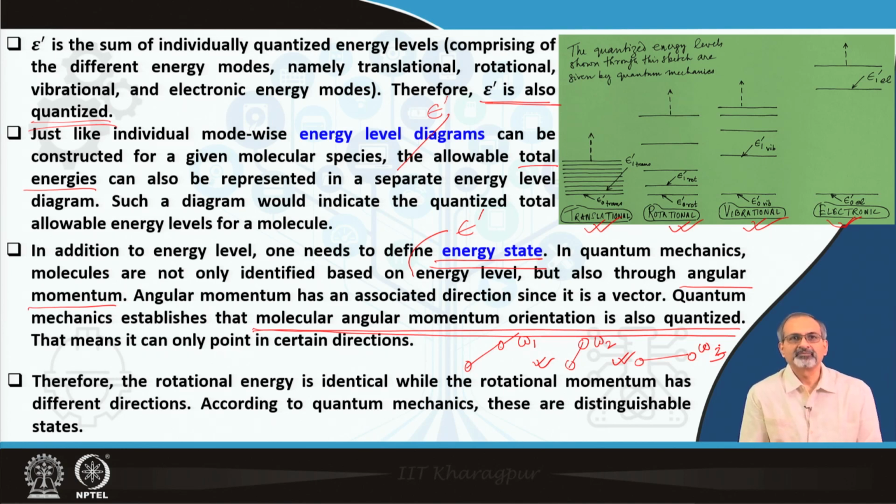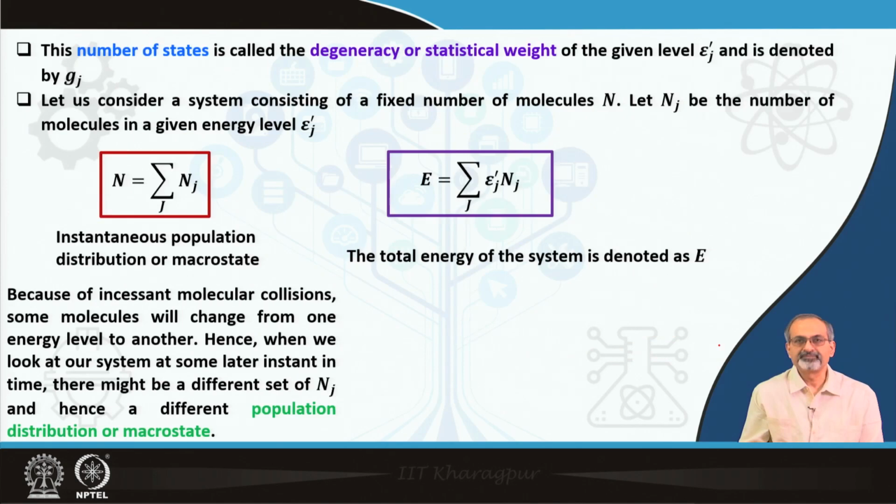quantum mechanics. So, the rotational energy is identical, while the rotational momentum has different directions, and this is basically the background of defining energy states, not only energy levels, but energy states. Therefore, according to quantum mechanics, these are distinguishable energy states. So, one rotational energy gives rise to multiple rotational energy states, which are also quantized.